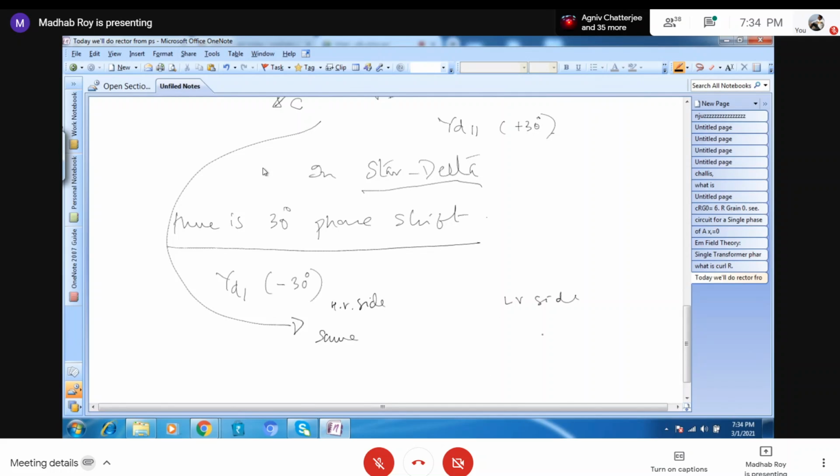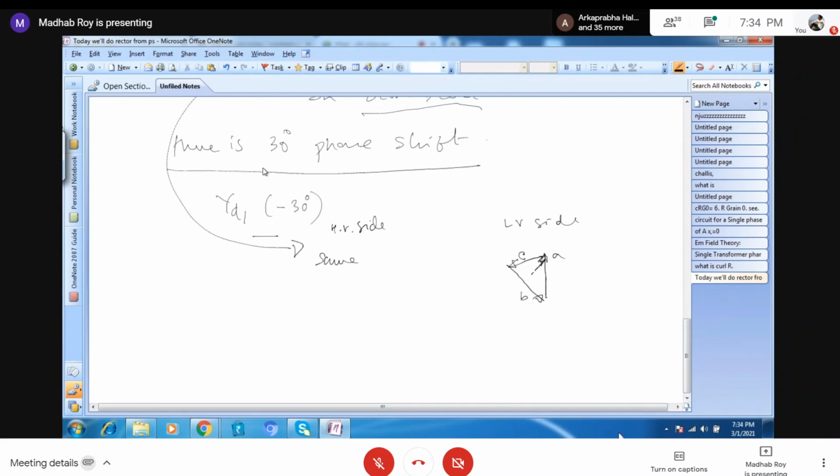You can do that very successfully. It will be A, then B, then C. Here you see that the same A has its tip here, so it has become YD1. Again you see that the phase shift is 30 degrees. So that is the main topic, YD1 and YD11.